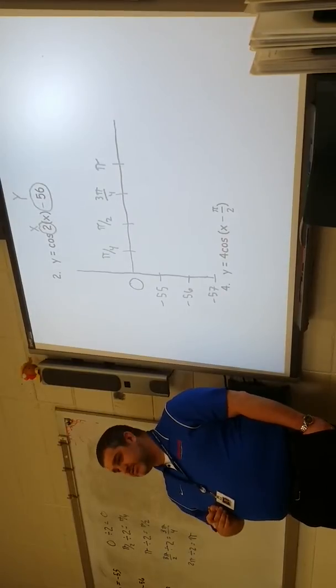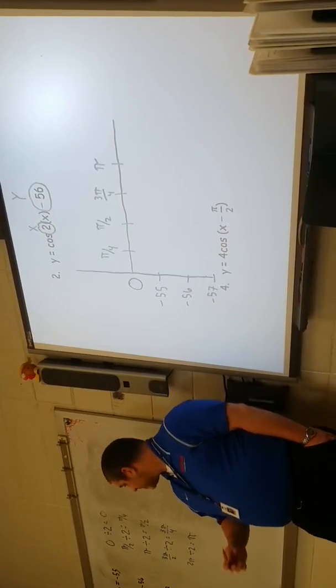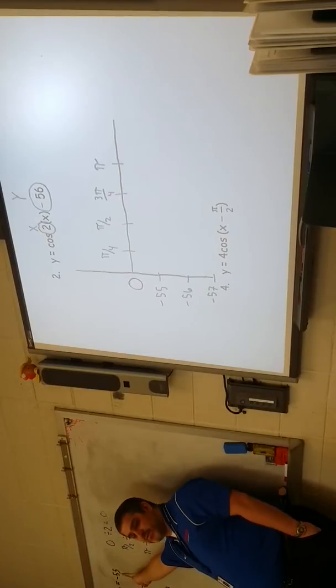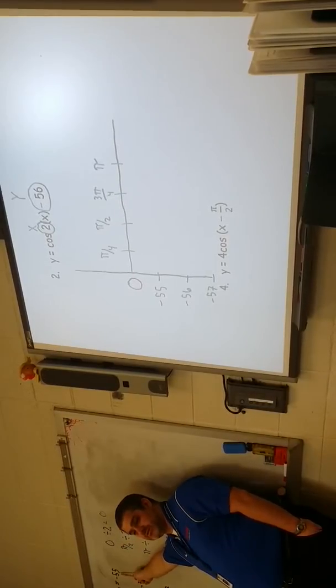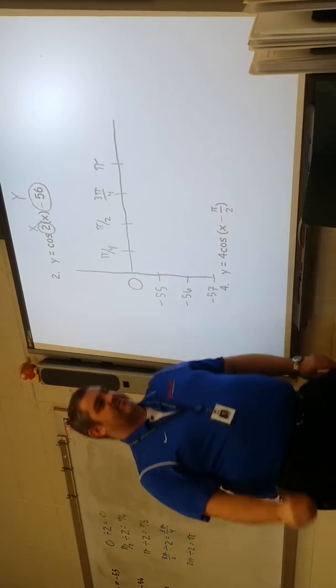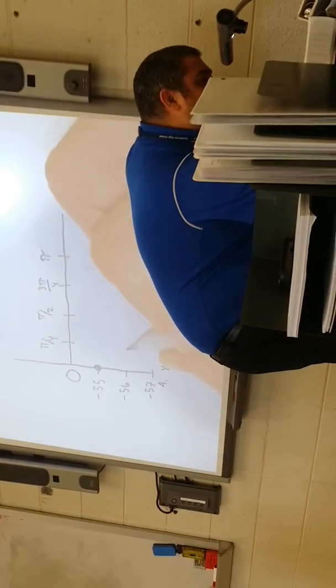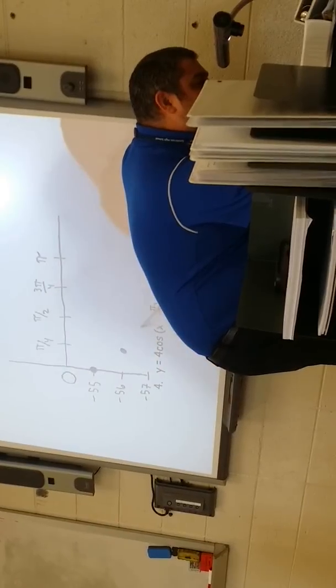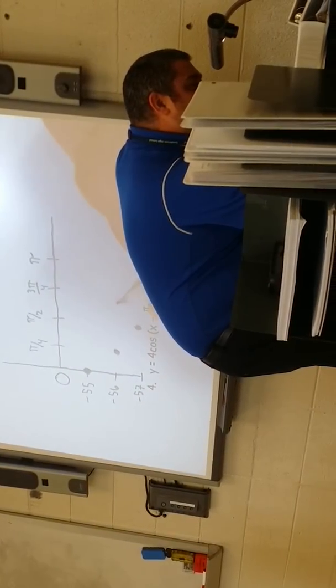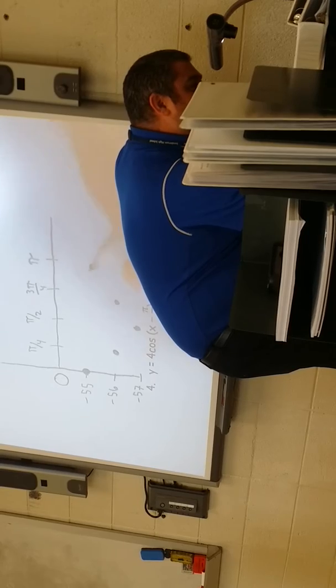I'm not allowed to use 0 for this problem. What's my top y value that I'm allowed to use? Negative 55. So negative 55, negative 56, negative 57, negative 56, negative 55.